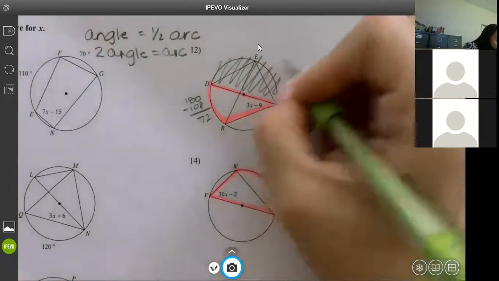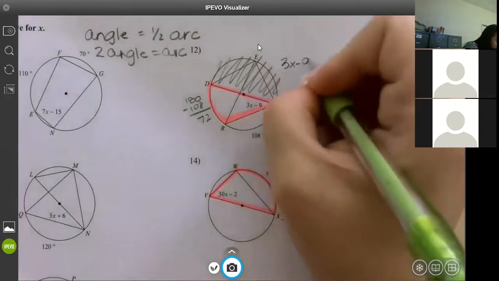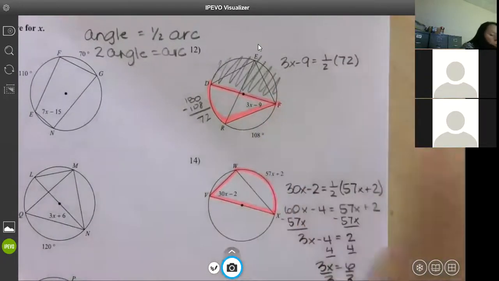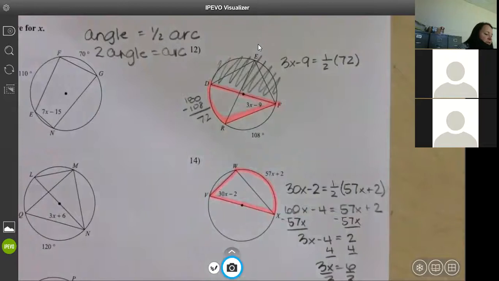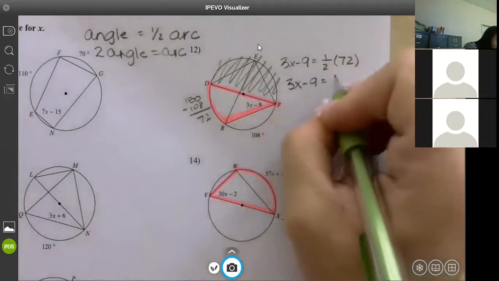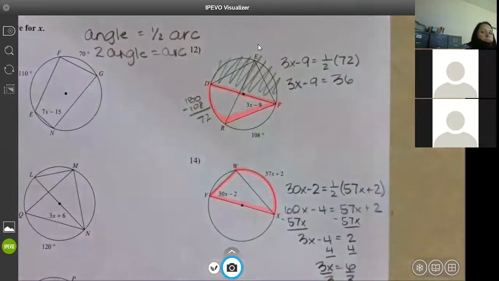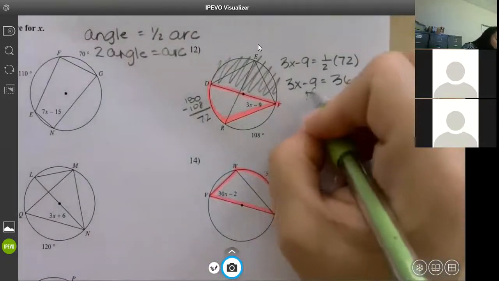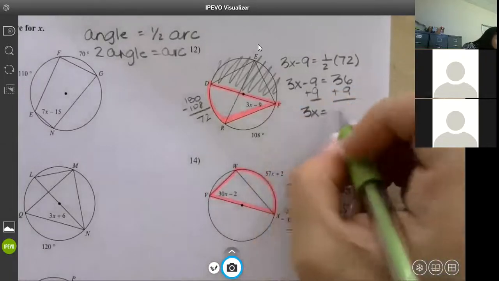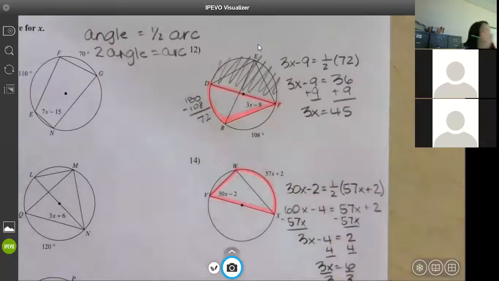Okay. So your angle is 3x minus 9 equals half of your arc, which is 72. What is half of 72? 36. We're going to add 9. We get 3x equals 45.